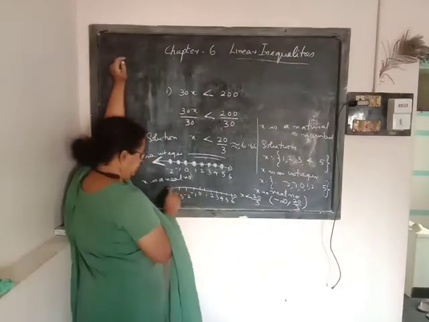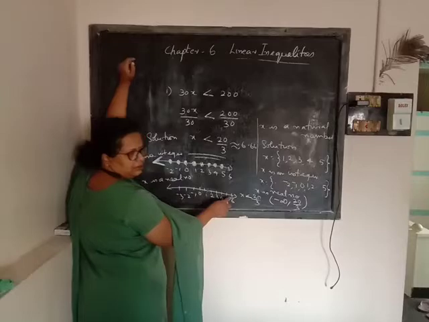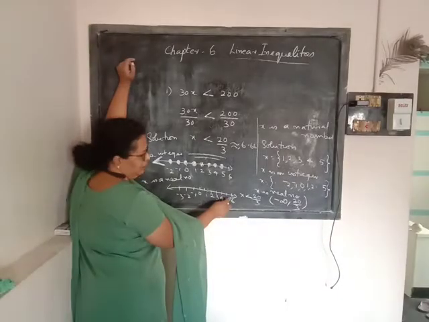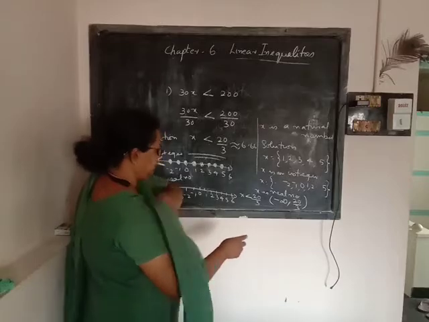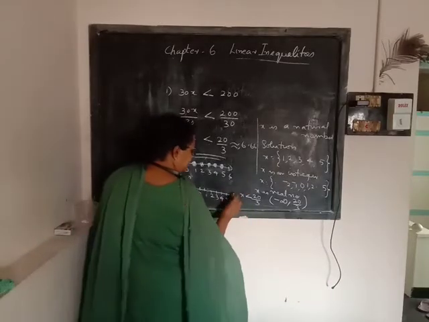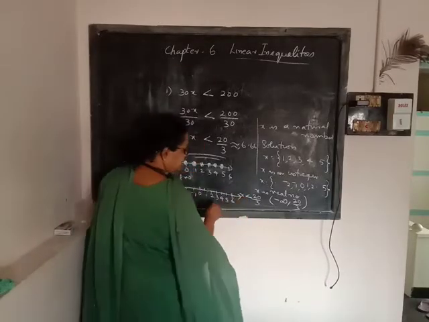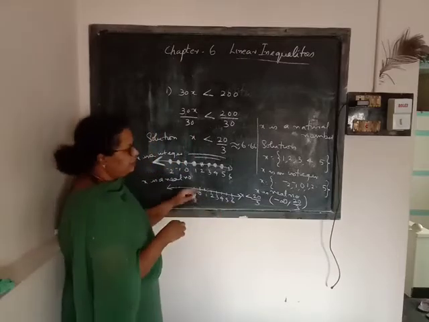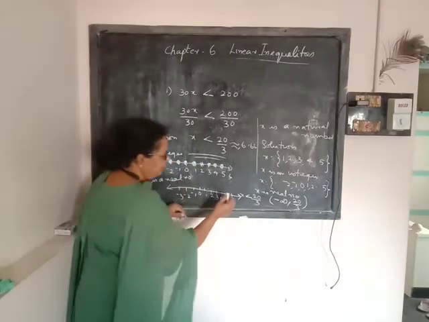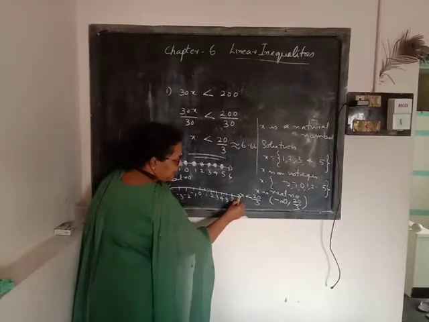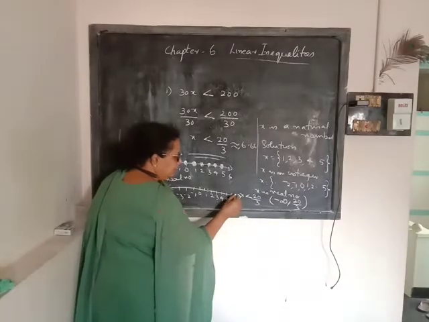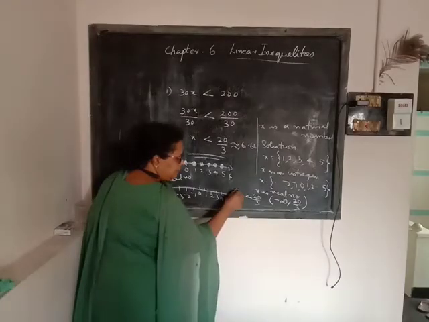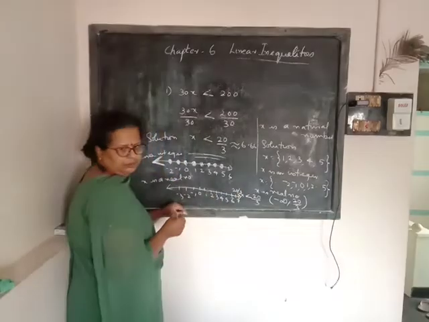Look here, strictly less than means the boundary is not included. It is not 6 actually, it is 20 by 3, which is 6.666, somewhere between 6 and 7. So let me mark this as 20 by 3.